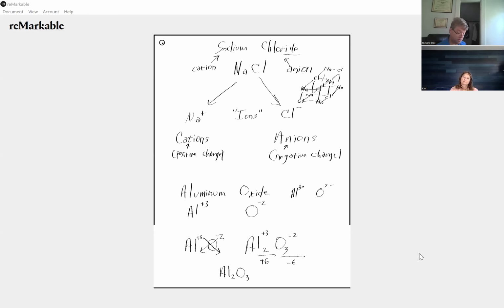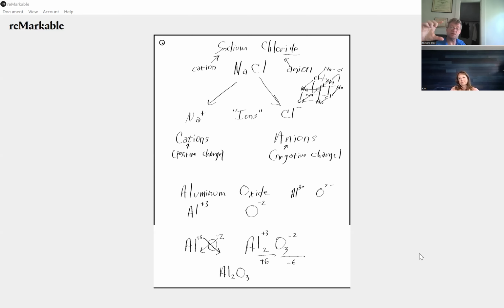Gets a little bit messy. But we can really grow that cube bigger and bigger and bigger. Each one of those table salt cubes is like a giant molecule. And how big is it?